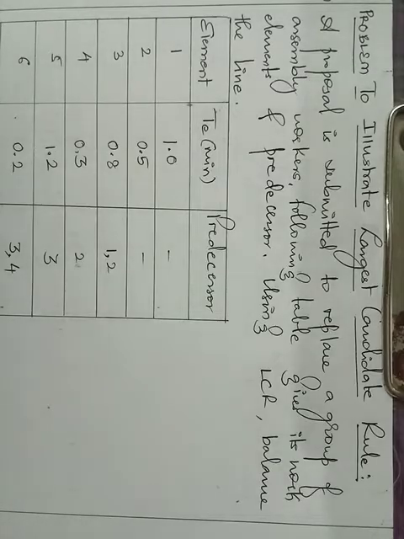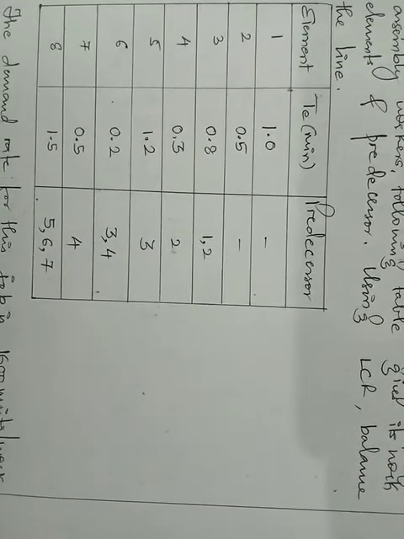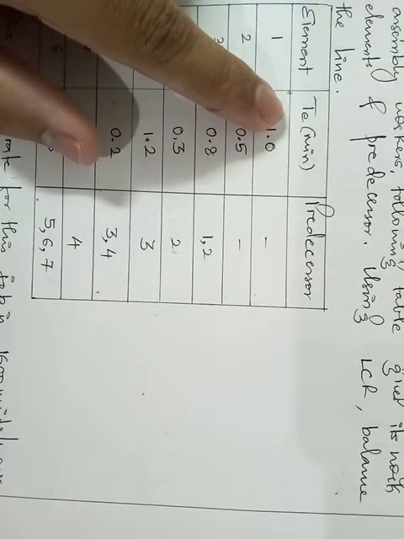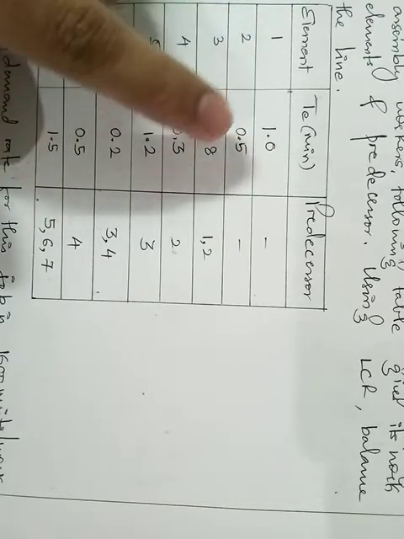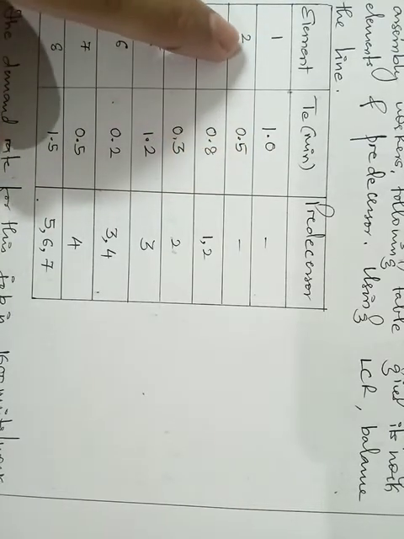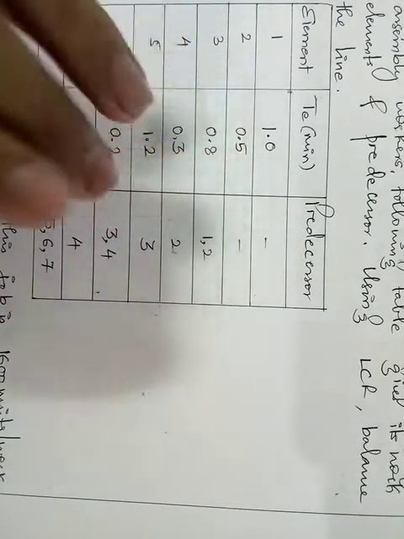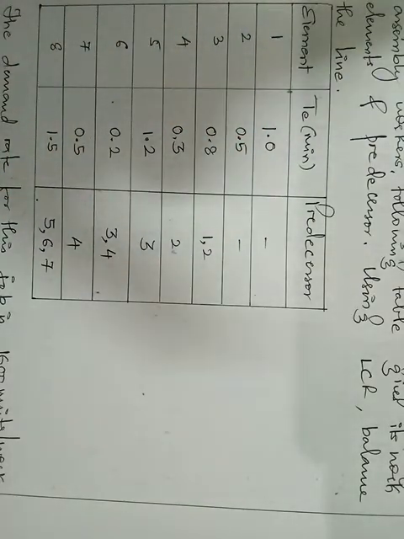Right, so what all things are given, let us have a look. There are 8 work elements. TE is the time required to complete each work element. So 1 minute is required to complete the first element, 0.5 minutes is required to complete the second work element, and so on. And predecessor tells whether the work element has any previous activity.